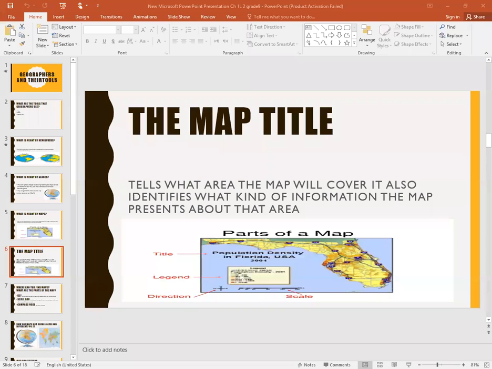It also identifies what kind of information the map will present about that area. So here we have population in, I think, USA. This is the title of the map, as you can see in front of you. It identifies what kind of information you're going to see on the map.